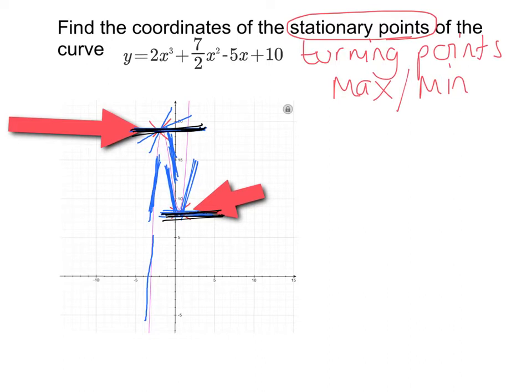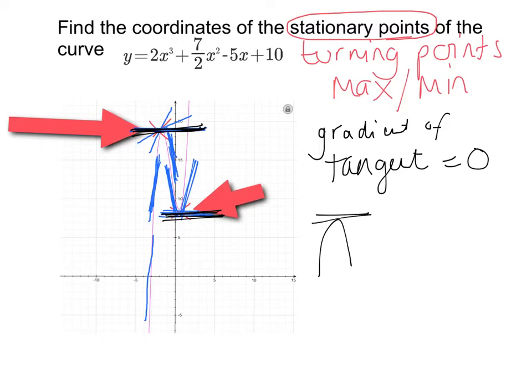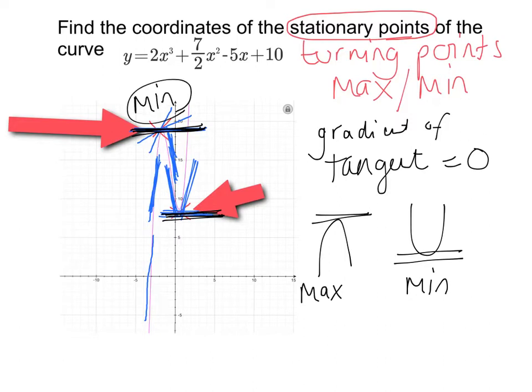So what we know is that the gradient of the tangent at a turning point is 0. Like that or like that. And in fact, this one is called a maximum turning point, and this one is called a minimum. So my graph's getting a bit messy. Oh, I've done that wrong. Sorry, gang. That's not my minimum. This one is my maximum turning point, and this one is my minimum turning point.